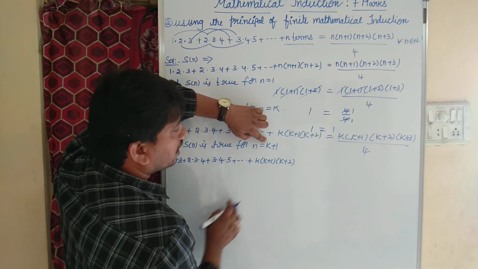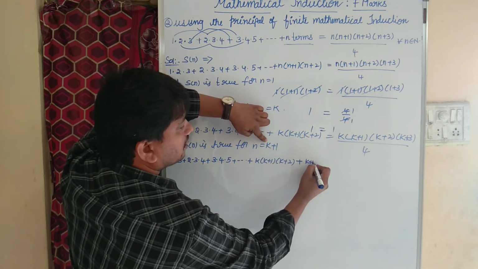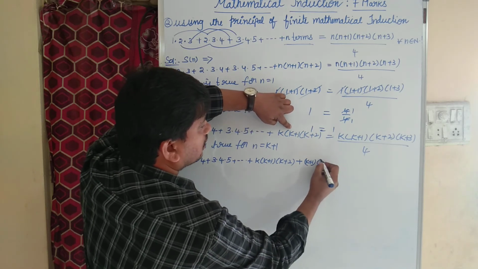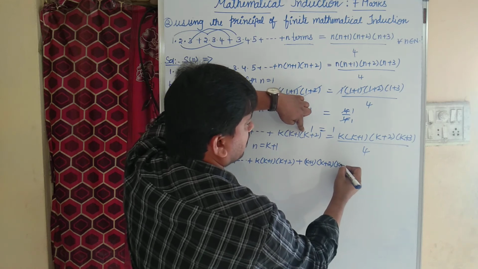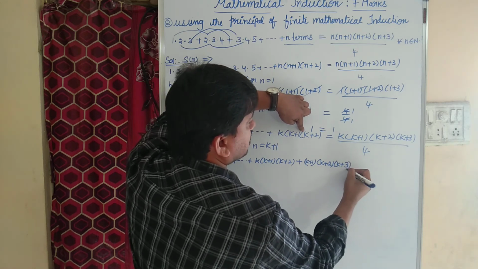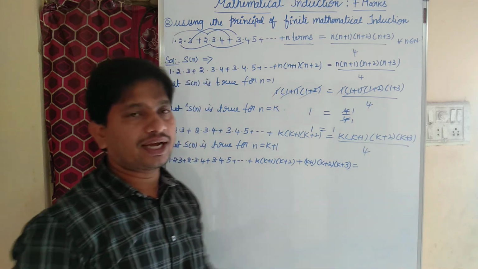Now what we need to do is, in place of k, substitute k plus 1. Here k plus 1 plus 1 becomes k plus 2, and k plus 1 plus 2 becomes k plus 3. Whatever value we get, we need to add to the right hand side also.